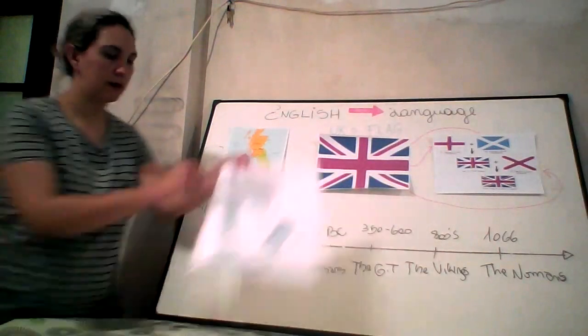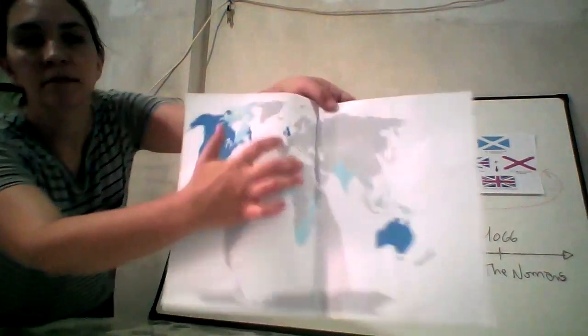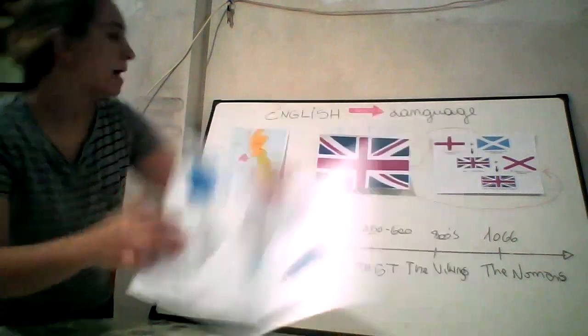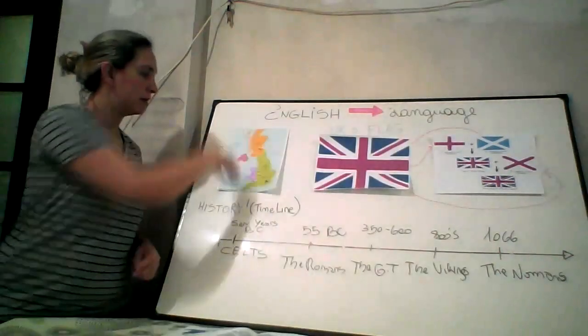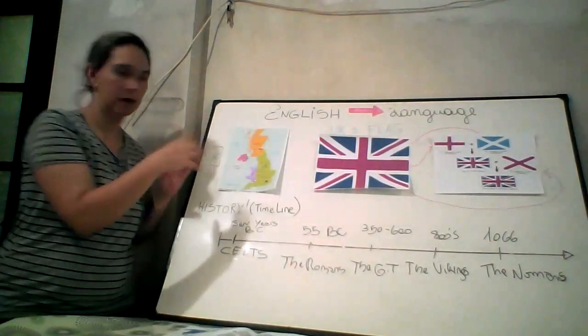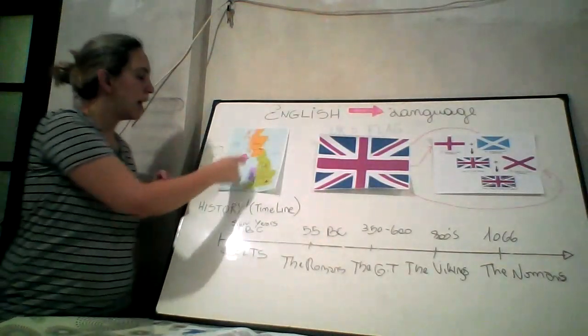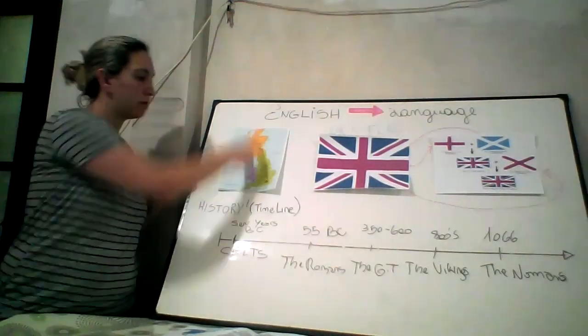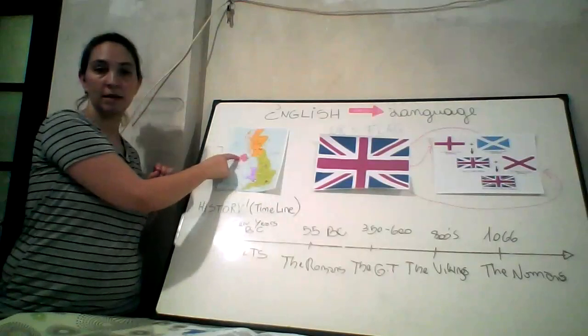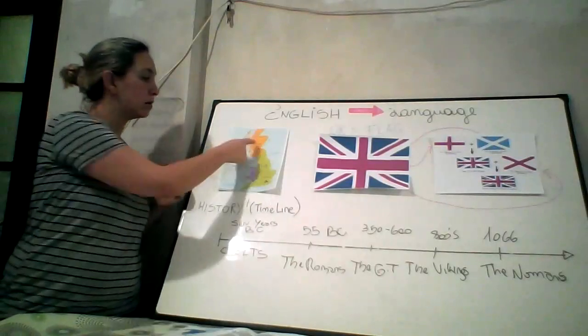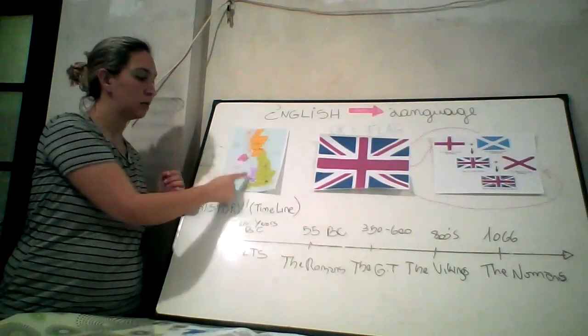Here we have the United Kingdom. I have the map of the United Kingdom, bigger, sorry, and it includes Great Britain and Northern Ireland. Great Britain includes Scotland, England, and Wales.